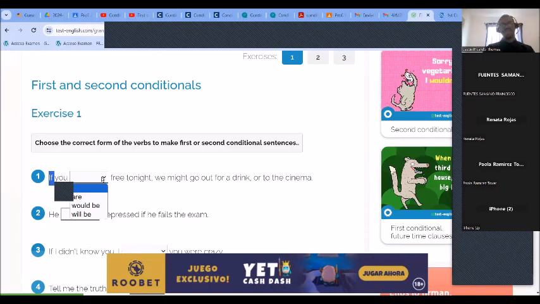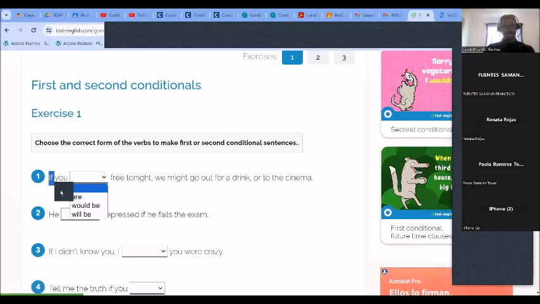Is it possible or impossible, Nadia? What do you think? Tell me first. Possible or impossible? Possible, no? Possible. All right. So if we're going to go with possible, what should you use?